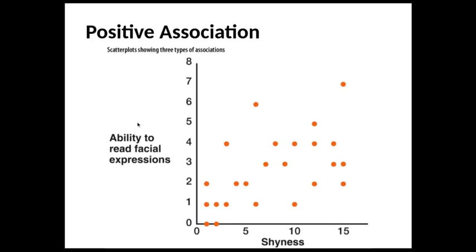And their ability to read facial expressions, how well they are able to read another person's facial expression. Maybe those that have more shyness can read more facial expressions, and those that are less shy are not able to because they're more verbally better able to communicate.